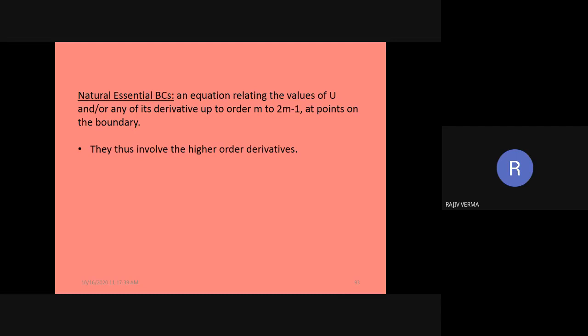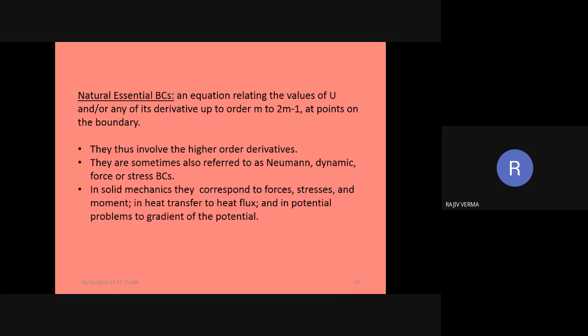They involve terms of higher order derivatives. They are also known as Neumann, dynamic, force, or stress boundary conditions. In terms of solid mechanics, they correspond to forces and stresses. In heat transfer, they correspond to heat flux, and in potential value problems, they correspond to gradient of the potential.